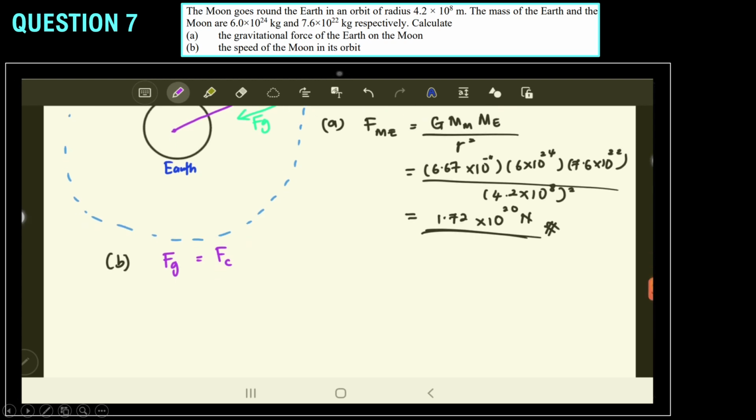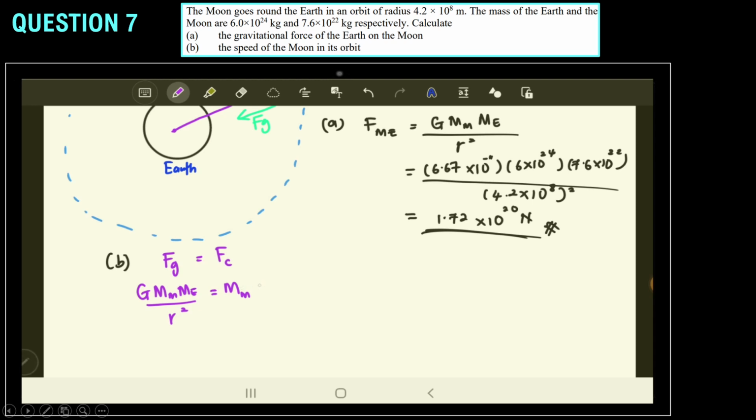So the gravitational force between the moon and the Earth, G M m over r squared, equals the centripetal force, m v squared, and this should be the mass of the moon, because the moon is the one moving, so the centripetal force is on the moon.